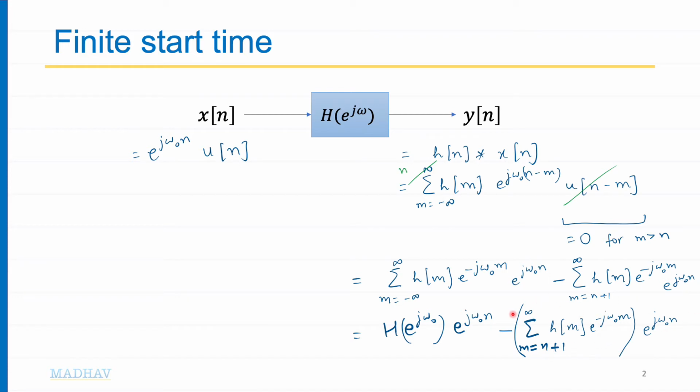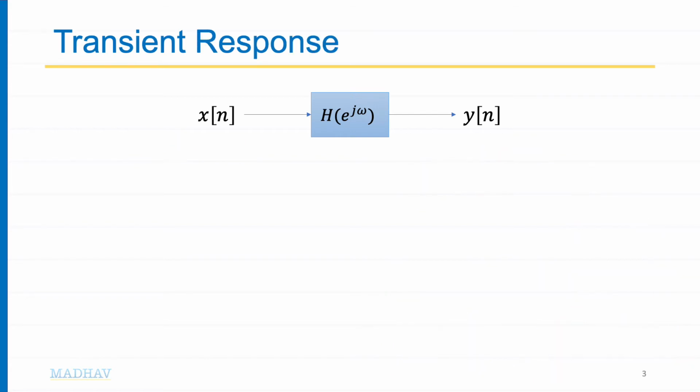Now you see, as n increases, this term becomes smaller and smaller, because the summation is only from n plus 1 to infinity. So this is the steady state part, and this is my transient response.